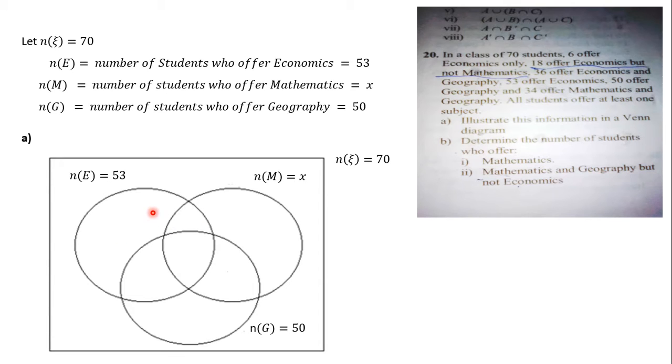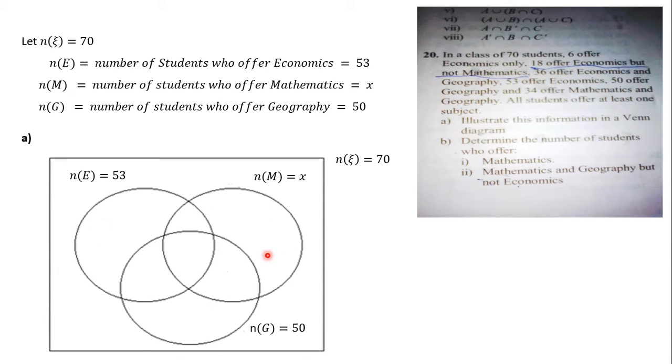This part, which is for economics only, does not form part of these regions. So what I mean is, this region here is economics only, and then here is geography only, here is mathematics only. That's for only, so only one subject to be here.